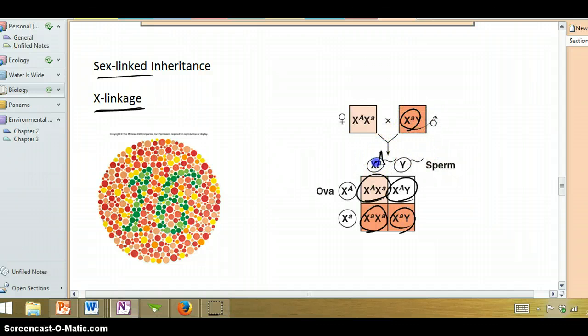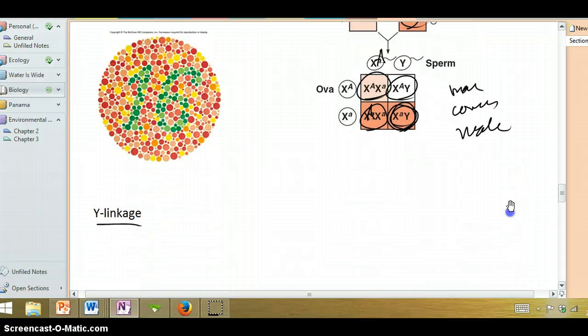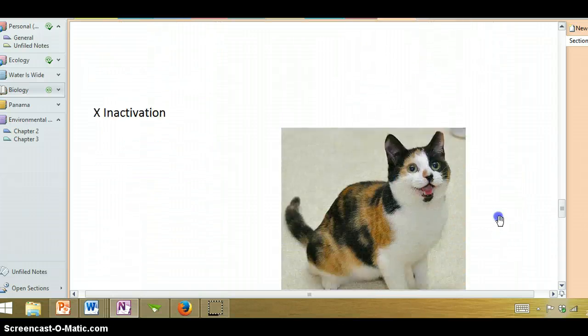Just imagine if dad were normal, then this daughter would not be colorblind, but they would still have a son. So you can ponder why it is that these X-linked recessive traits are more common in males. Okay, so color blindness, Duchenne muscular dystrophy, these things are all more common in males.